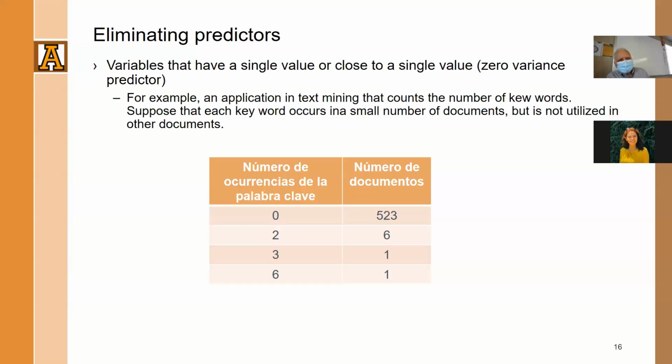It's not going to help you. Now we'll see how to deal with this when we have many data points, many observations. We can do this by computing the variance of each of the predictors, and if a predictor has almost 0 variance, that is, if a predictor is almost constant, then that predictor is not going to help me.